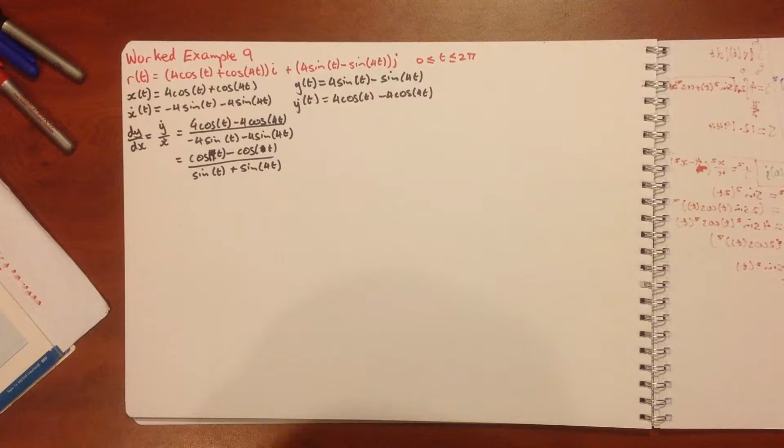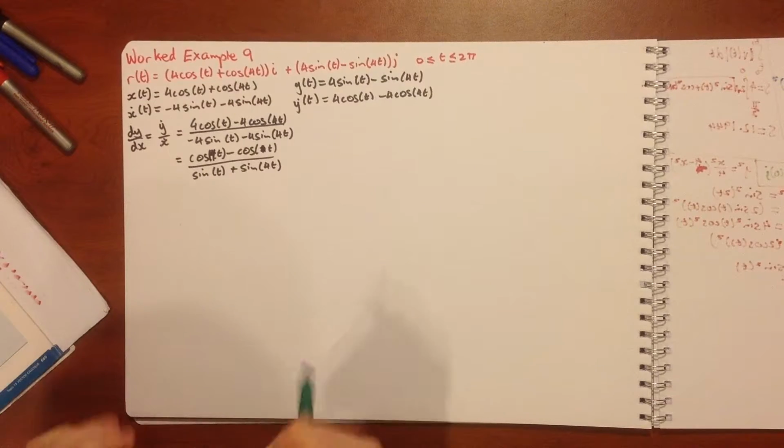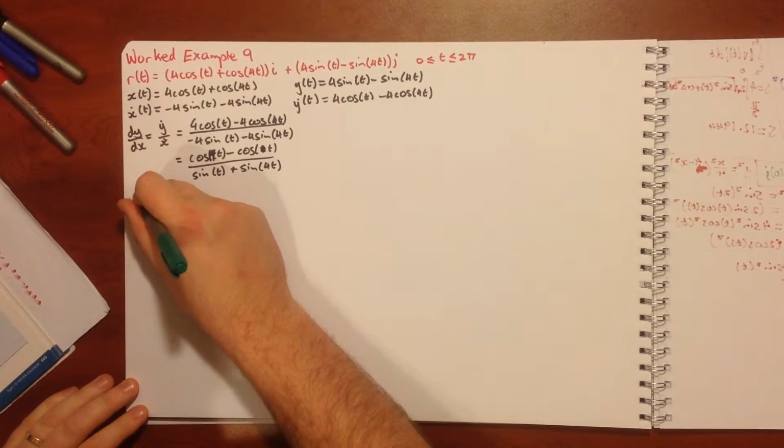So we'll look at part B now. Part B is find the speed at time t. Our speed is given by the magnitude of r dot of t.